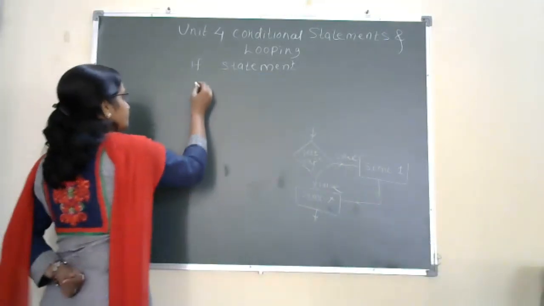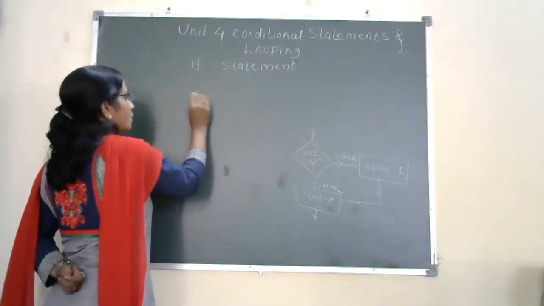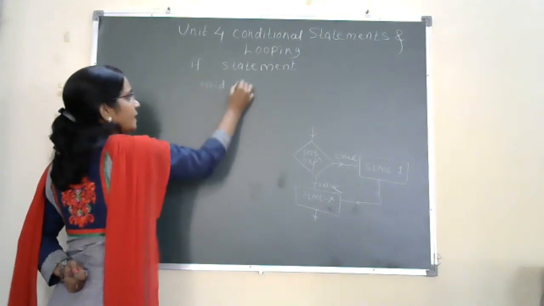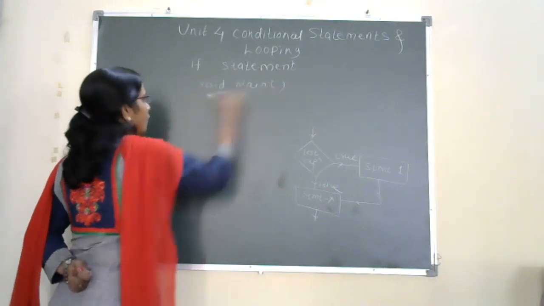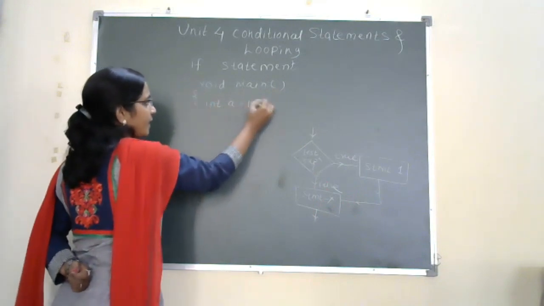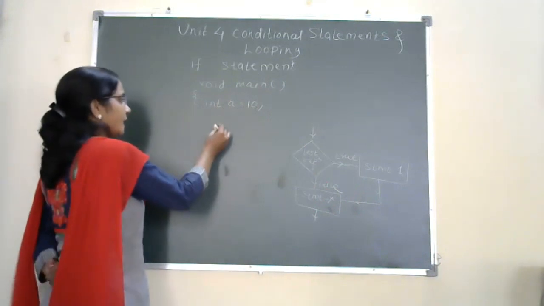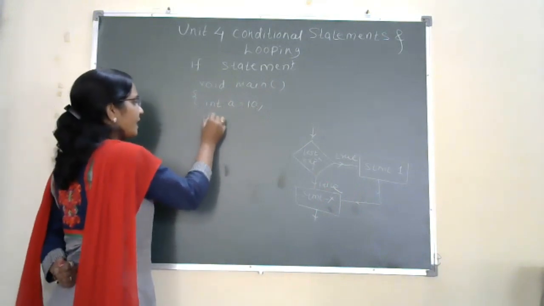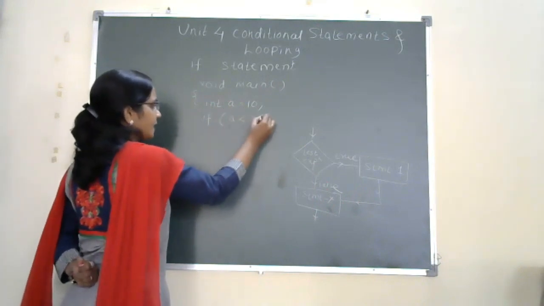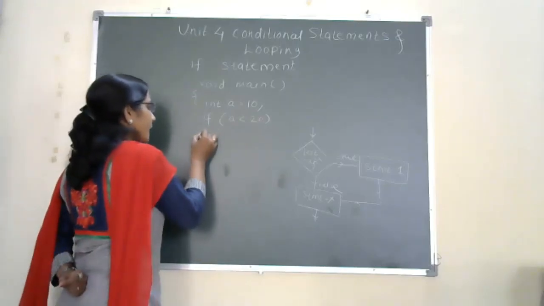Suppose I write here a small block of code. For example, void main, and I have one variable of type integer, and I assign the value 10 to the variable a. After that, I check the value of a: if a is less than 20, then what do I have to display?